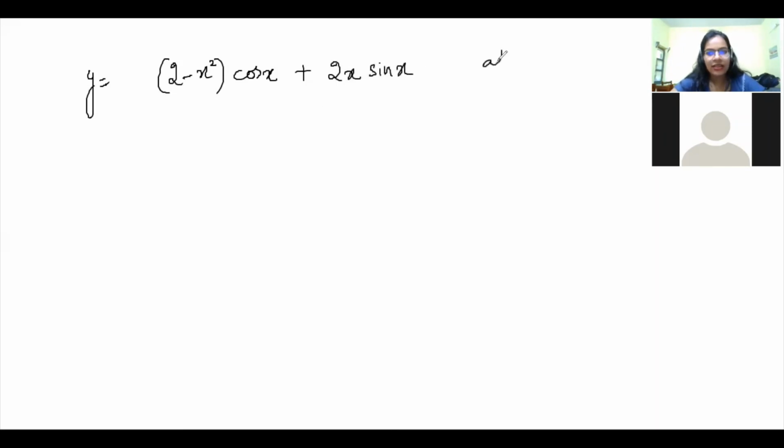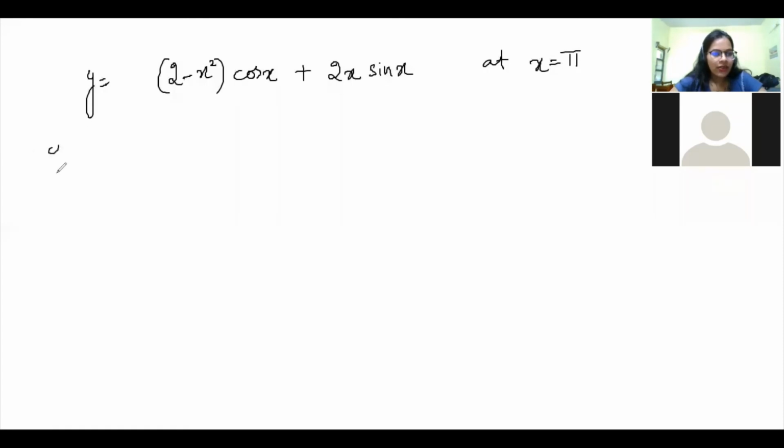So the last question is, calculate the derivative of the function y is equal to (2 minus x square) cos x plus 2x sin x, and at x equal to pi. Now first we'll take the derivative.